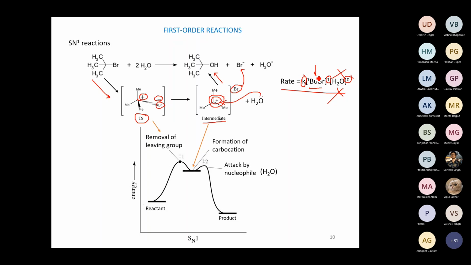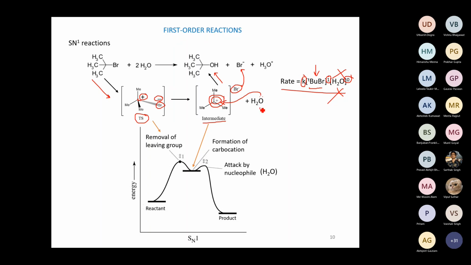Only t-butyl bromide is involved in the step having the highest barrier. So where is t-butyl bromide involved? It is involved in the first step. In the second step t-butyl bromide is not involved, because only the carbocation is there.